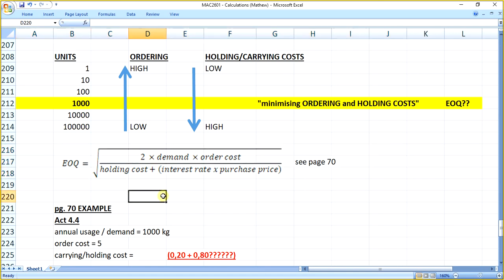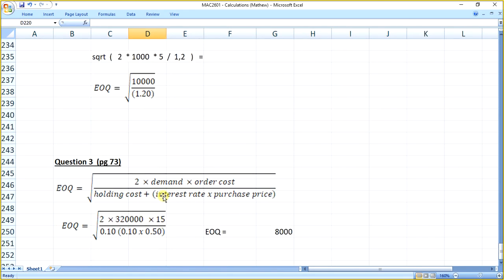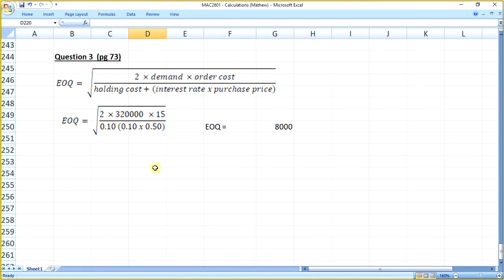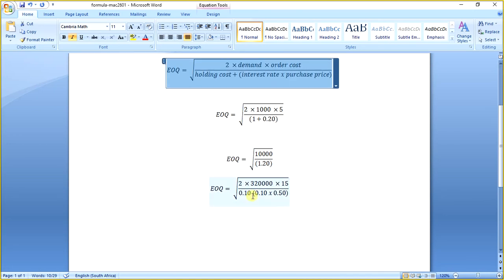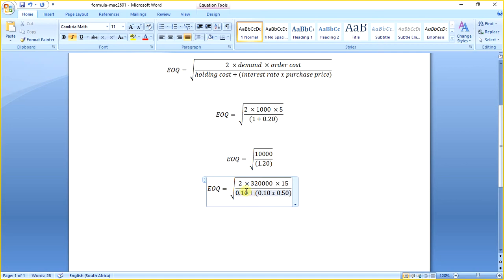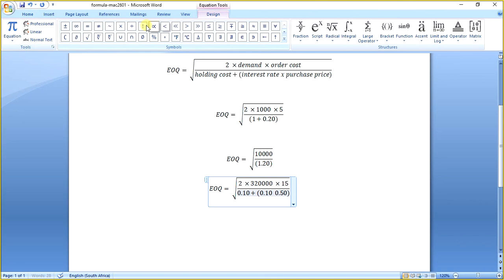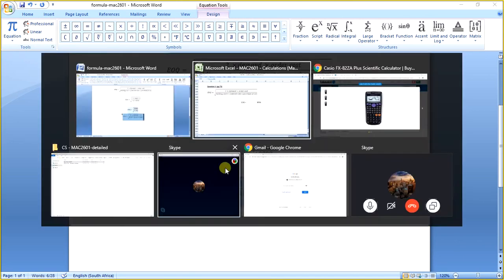So 0.1 times 0.5 equals, and then you plus the 0.1, which equals 0.15.